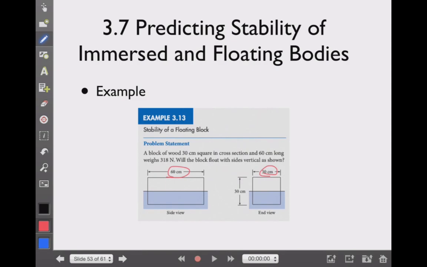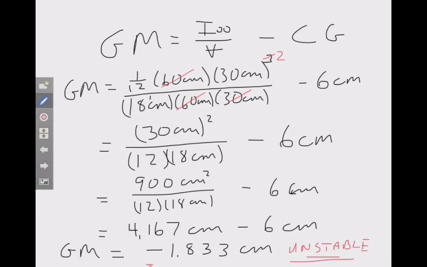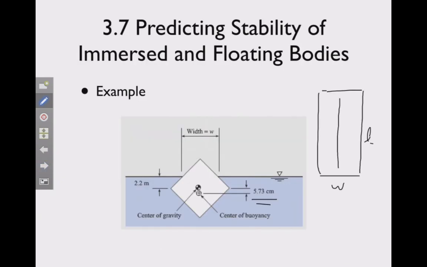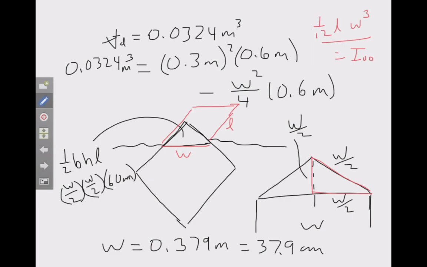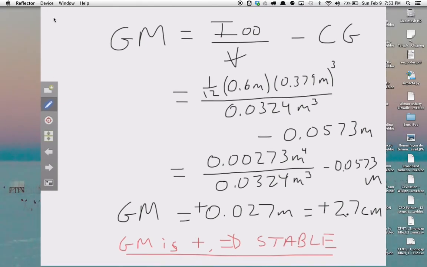So that's it. It's unstable in this case when it's sitting kind of flat, and then when it rotates into this orientation, it actually is a stable object. Okay, that's it. Thanks.